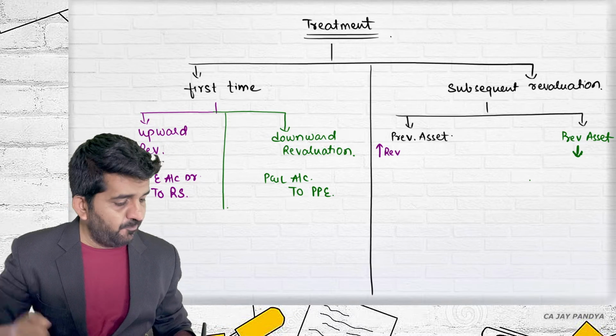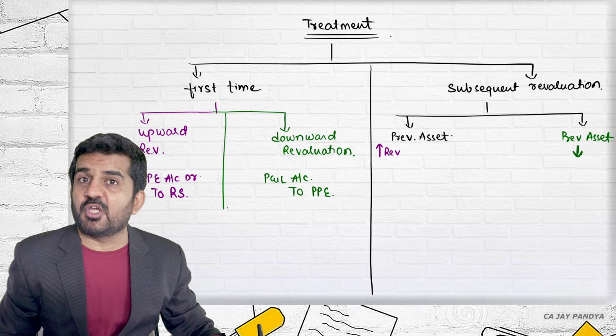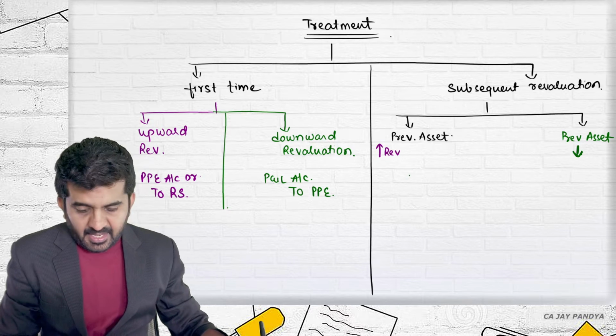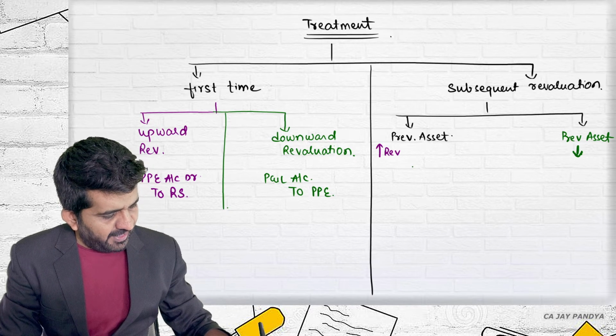If it was upward revalued, previously the asset was upward revalued, and now it is downward revalued.